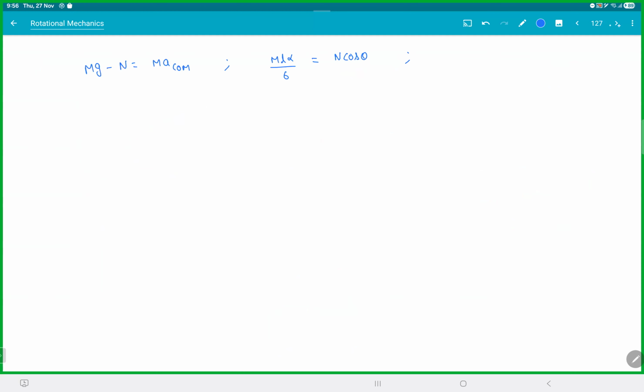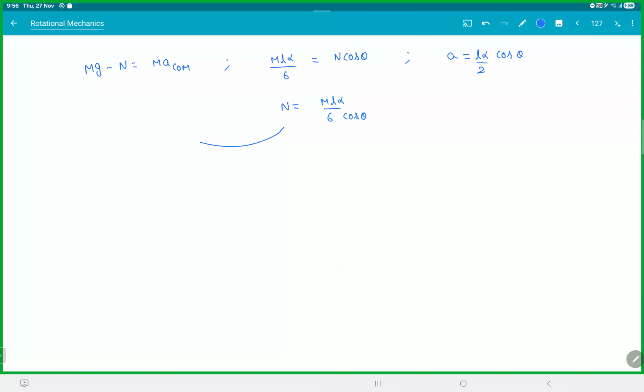A is equal to L alpha by 2 cos theta. There we have three equations, three unknowns. What do you want to find? You want to find alpha. So I don't want N. So N is equal to ml alpha by 6 cos theta.